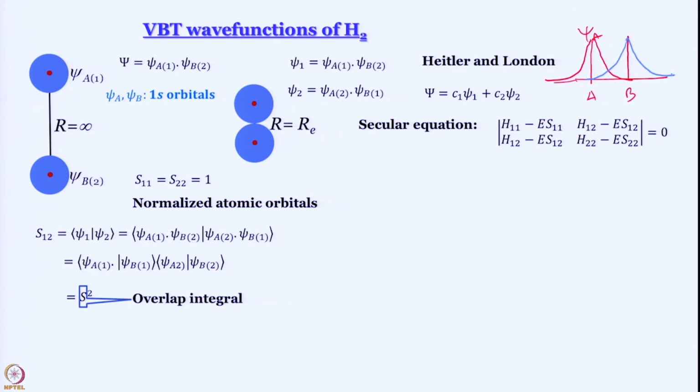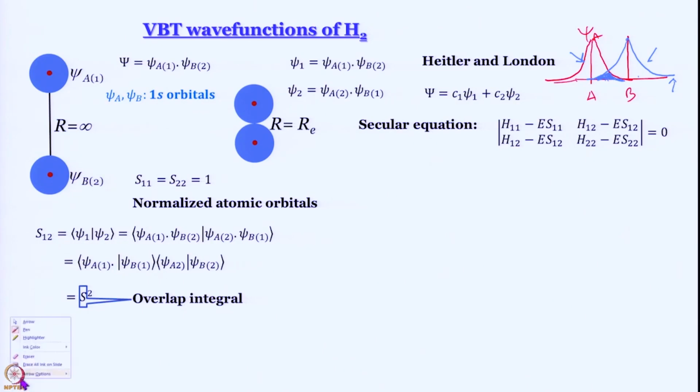Now think what is the value of this integral. The value of the integral at this point is of course 0 because it is a product of this wave function and this wave function. Here also it is practically 0. The only region in which this integral has non-zero values is the region in which both psi A and psi B have reasonably non-zero values.